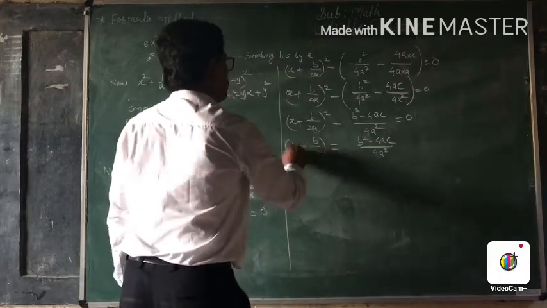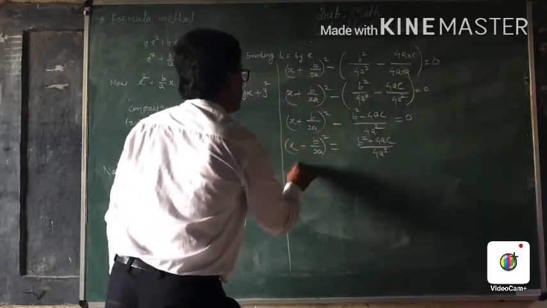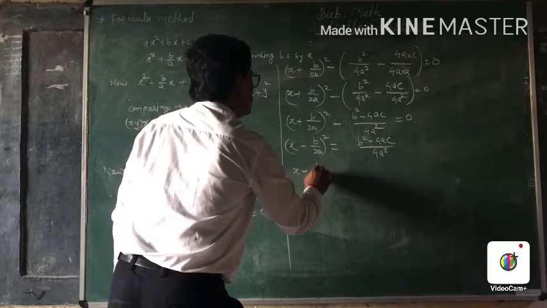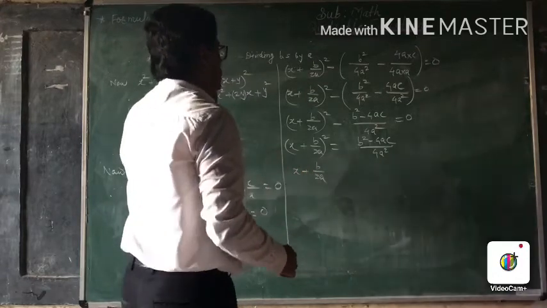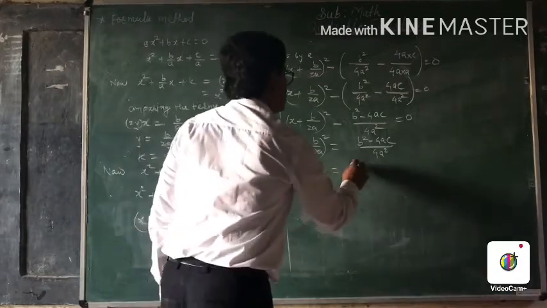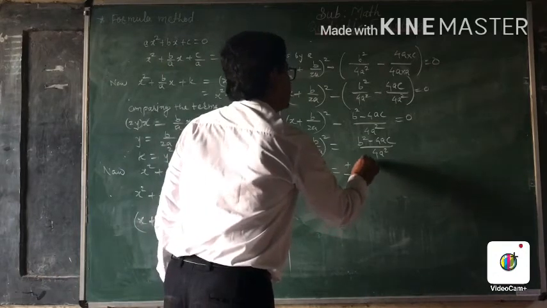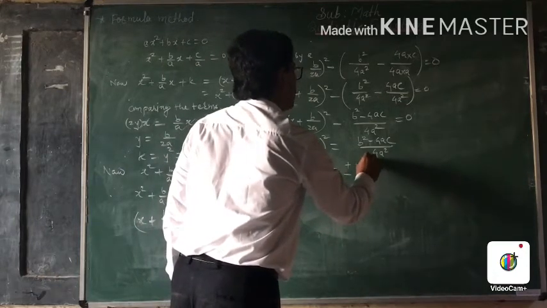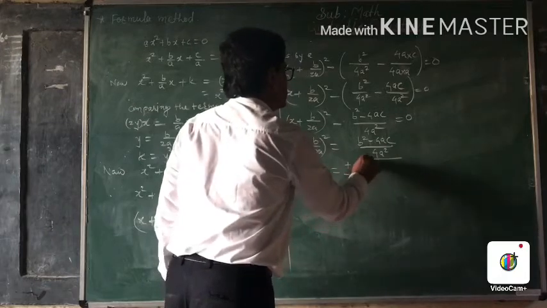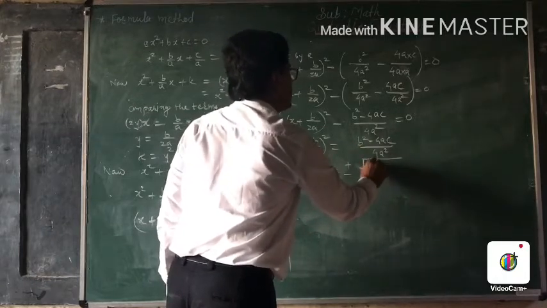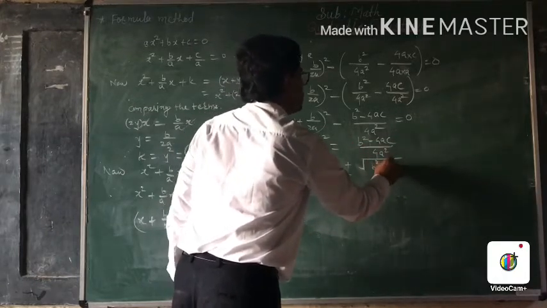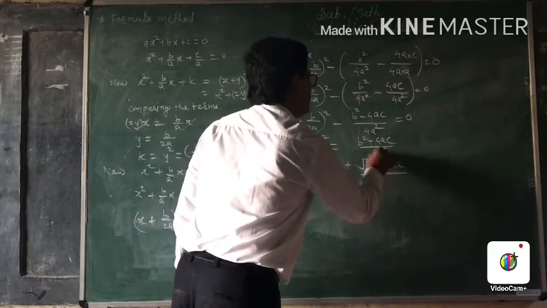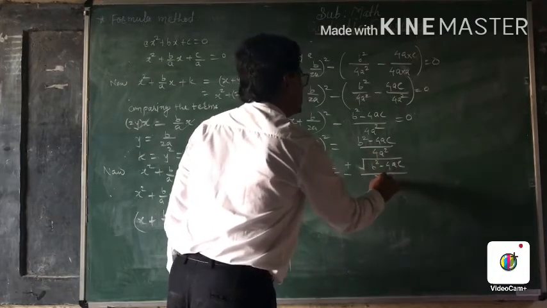Taking square root from both sides, the square root of this is x plus b upon 2a is equal to plus minus square root of b square minus 4ac upon 2a.